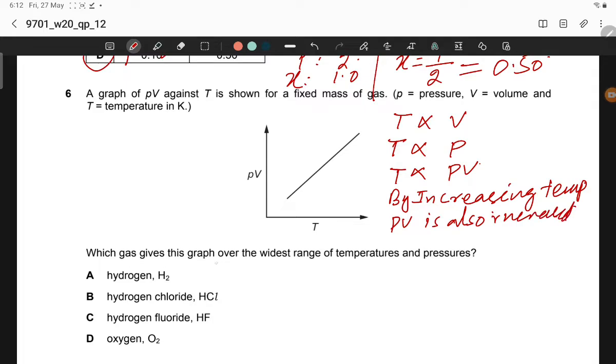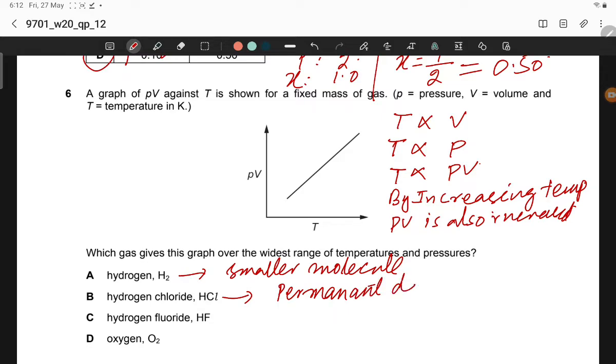Which gas gives this graph over the widest range of the temperature and pressure? Hydrogen is a smaller molecule. Hydrogen chloride has permanent dipole forces.